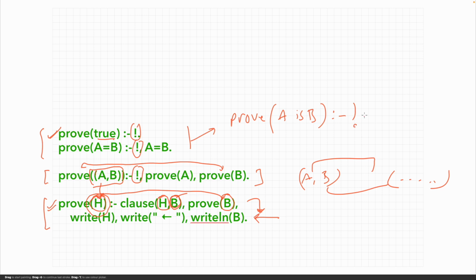We have a cut to prevent backtracking so that we don't match this again, and then we prove this by executing it, simply by running that itself. So it sounds like a tautology, but to prove this, you run this.